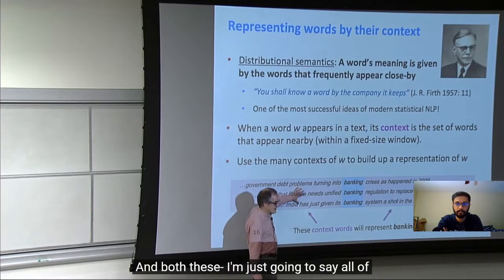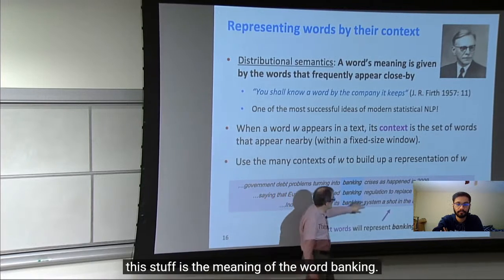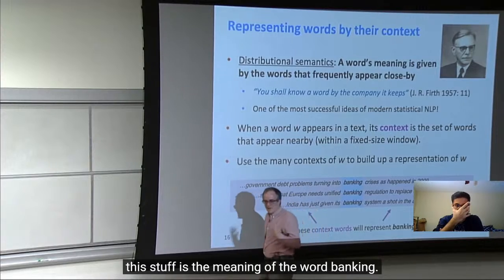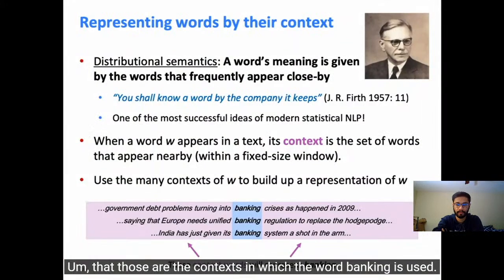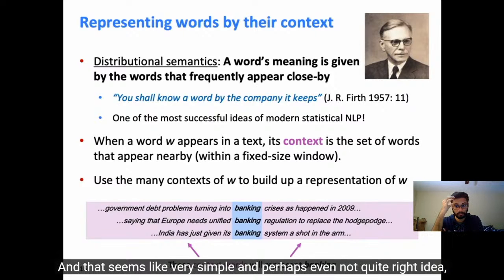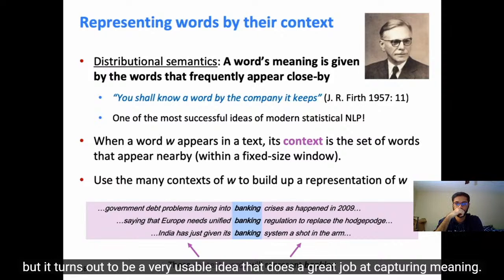And I'm just going to say all of this stuff is the meaning of the word banking. Those are the contexts in which the word banking is used. That seems a very simple, perhaps even not quite right idea, but it turns out to be a very usable idea that does a great job at capturing meaning.